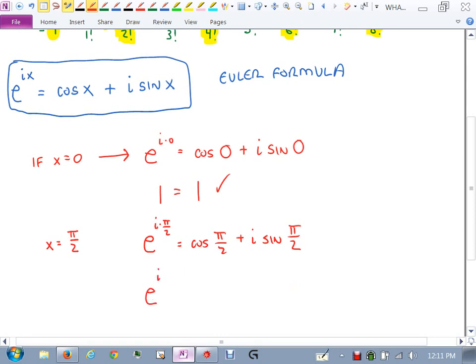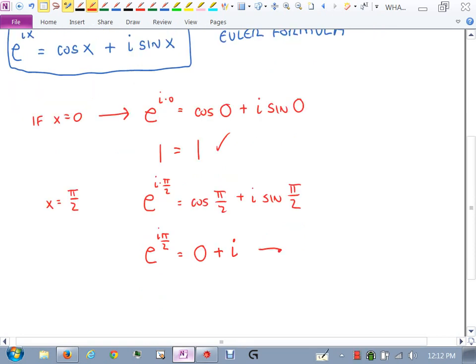What's cosine of pi over 2? 0. What's sine of pi over 2? 1. So that's just i times 1, which is i, isn't it? So what I'm really saying here is that e to the i times pi over 2 is equal to i.